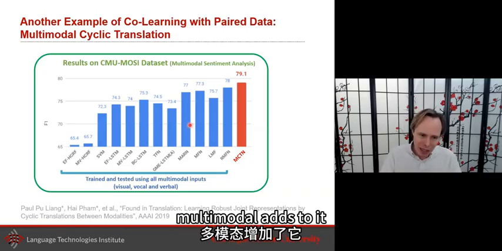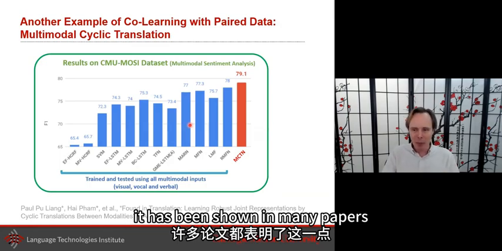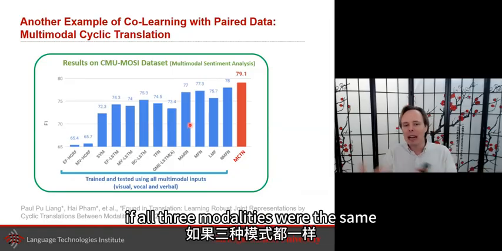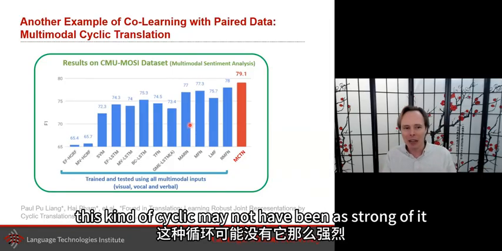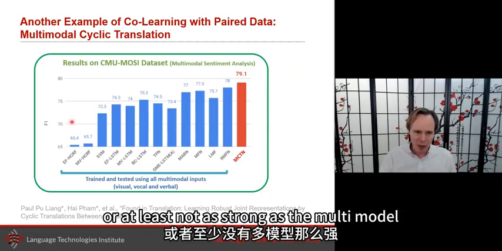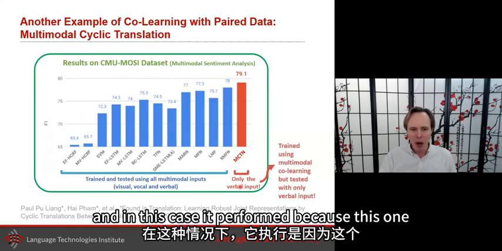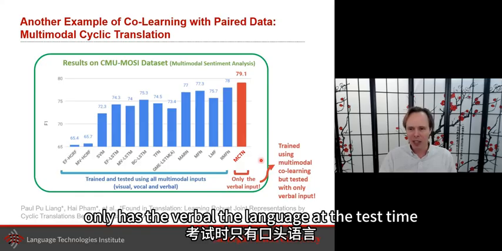Multimodal adds to it, as has been shown in many papers, but definitely language is a strong modality. If all three modalities were the same, this kind of cyclic approach may not have been as strong, or at least not as strong as the multimodal ones, but it was quite interesting. And in this case it performed well because it only has the verbal, the language, at test time.